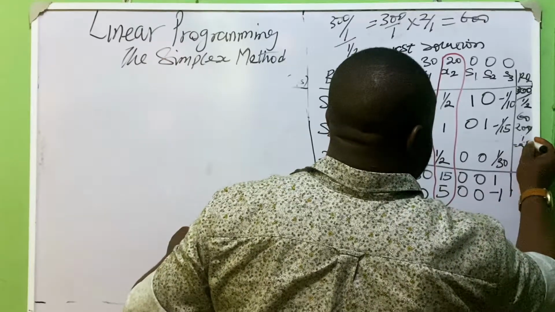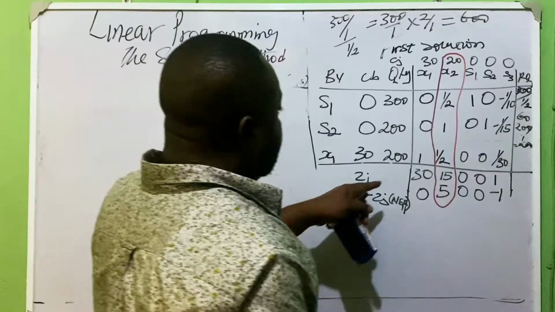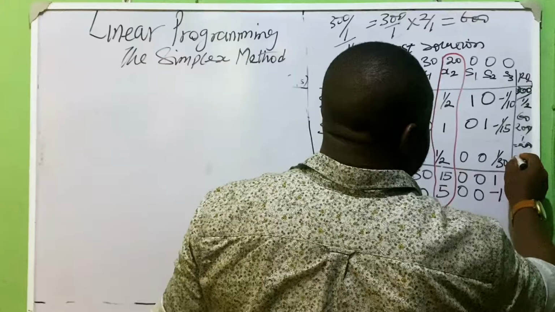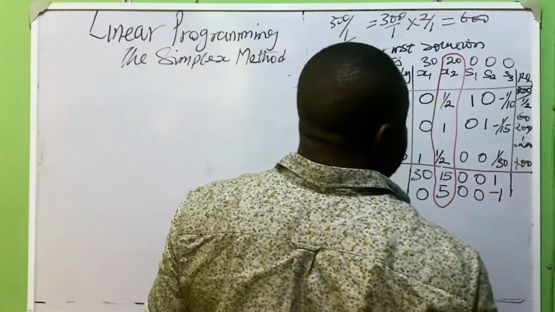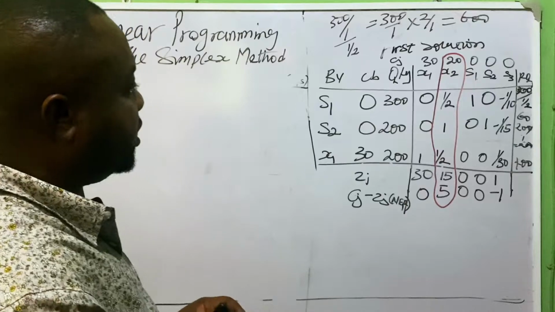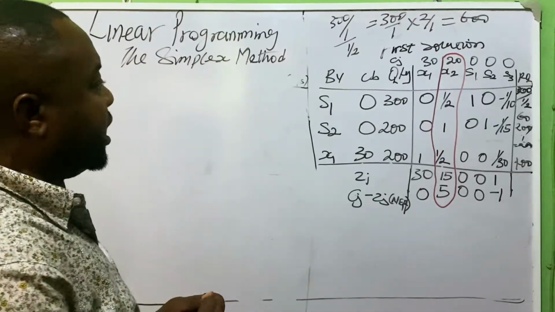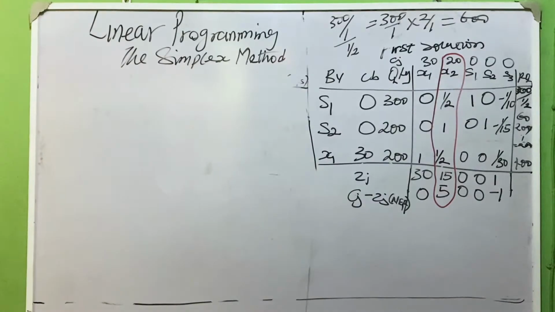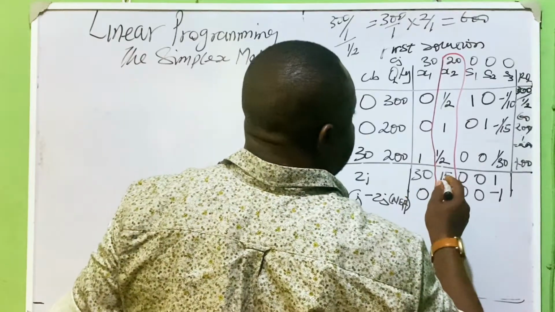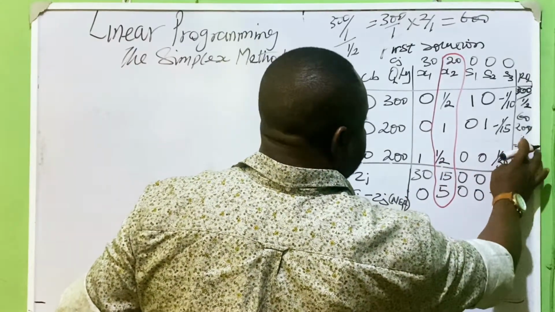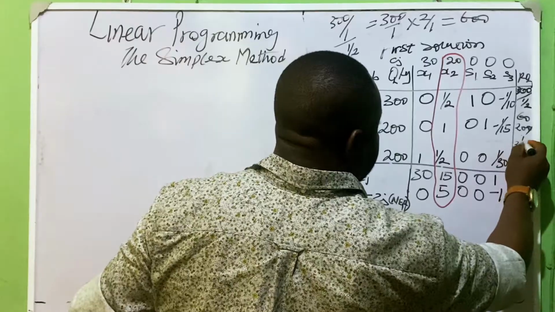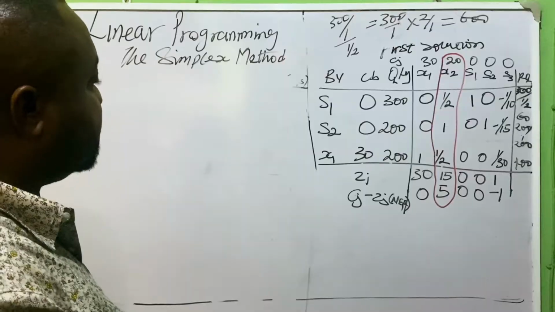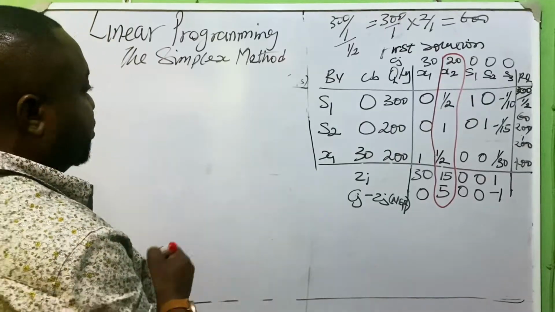And the next one will be 200 divided by 1/2, which of course will give me 400. So don't forget, the rule says the outgoing variable will be the one that has the least non-negative replacement quantity. So our least replacement quantity is 200, which is for the structural constraint S2, which is going to leave us.